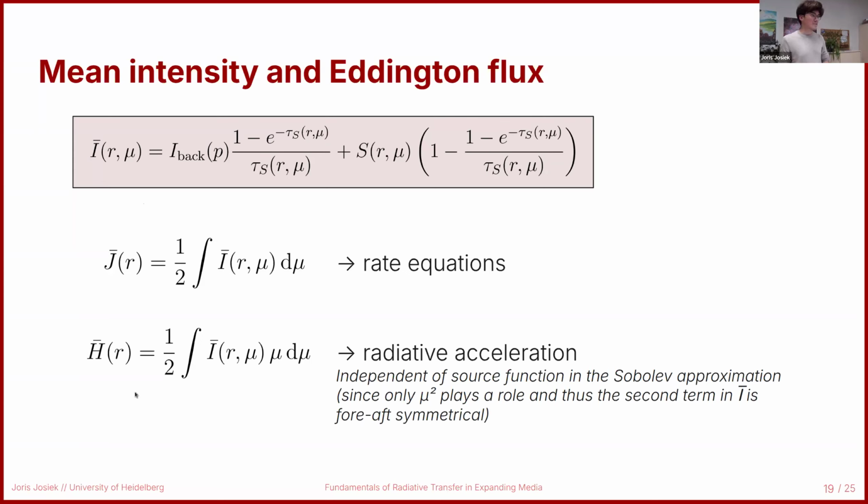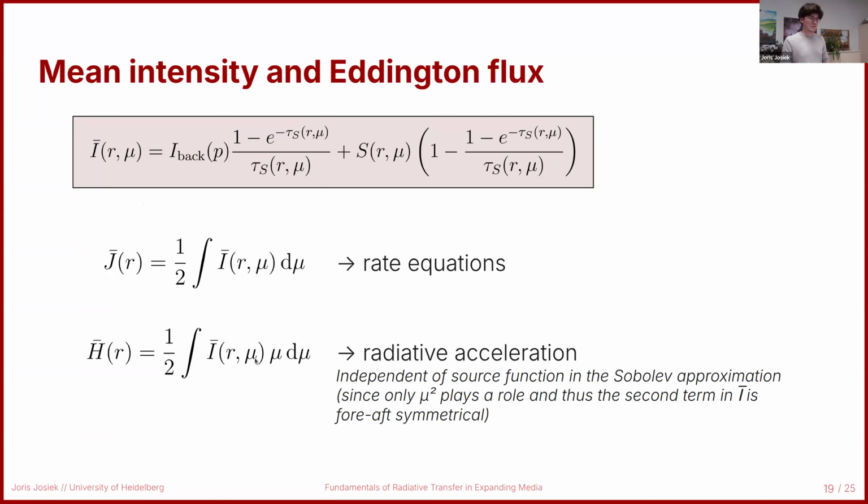And another very useful bit of mathematics here is that if you want to compute H bar, you actually don't need to know the source function, because of the geometry and the fact that only mu squared plays a role in the different terms that I showed you earlier. This means that this I bar is actually what is called forward-aft symmetrical.